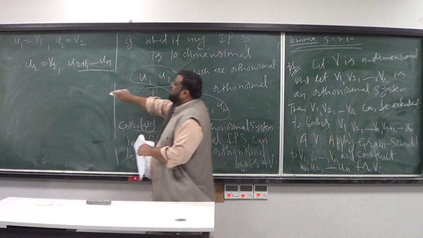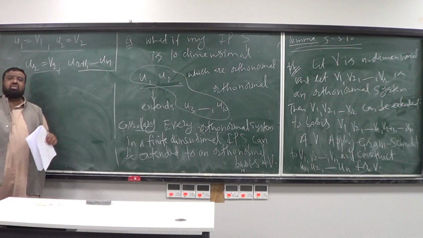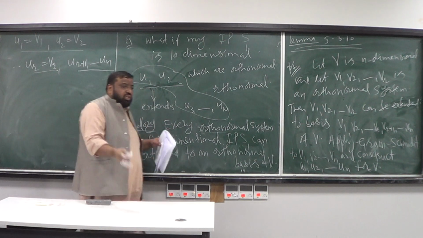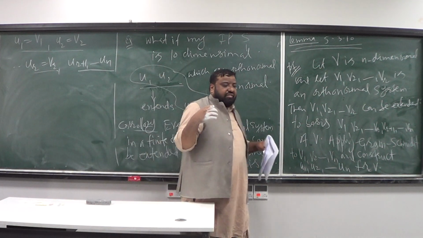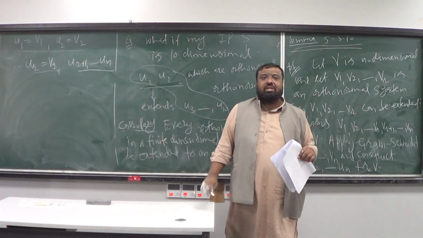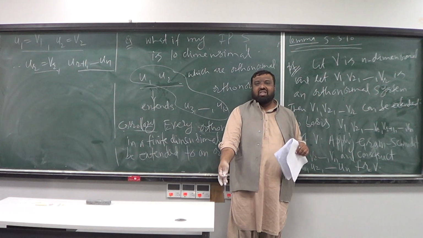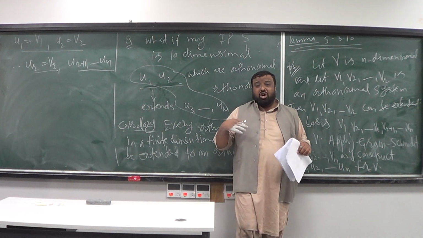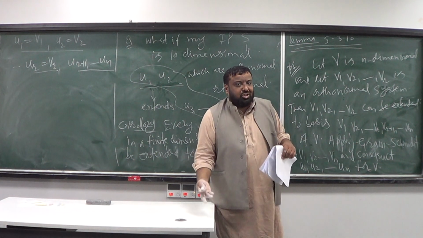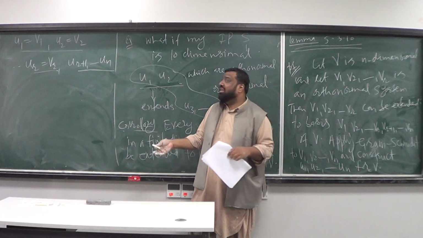But the first r vectors under the Gram-Schmidt process stay the same, because when you apply the Gram-Schmidt process on an orthonormal set of vectors, it just returns the same vectors, because they are already orthonormal. So the Gram-Schmidt process is not going to do anything.